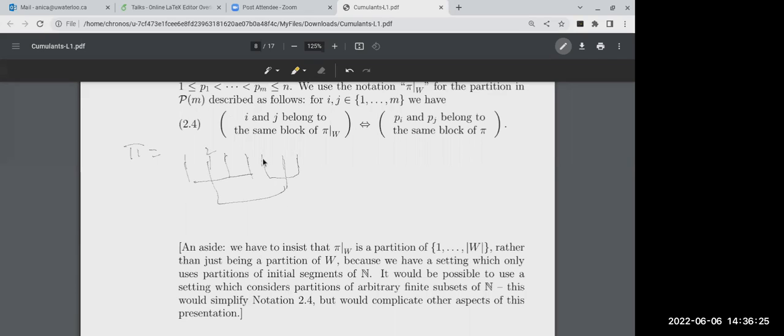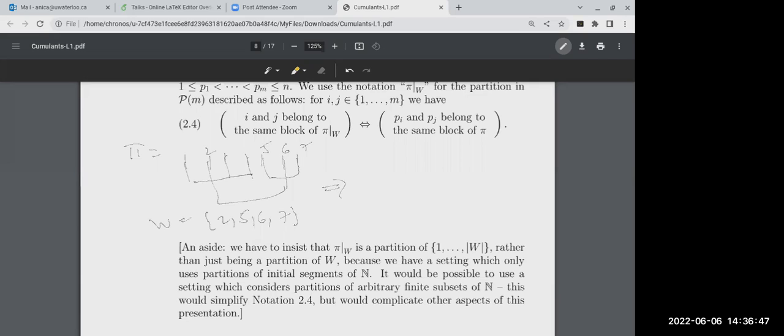So these are 2 and 6, and these are 5 and 7. Say that W is exactly 2, 5, 6, 7. I don't have to take W to be a union of blocks of pi, but for my discussion, this will be just fine.